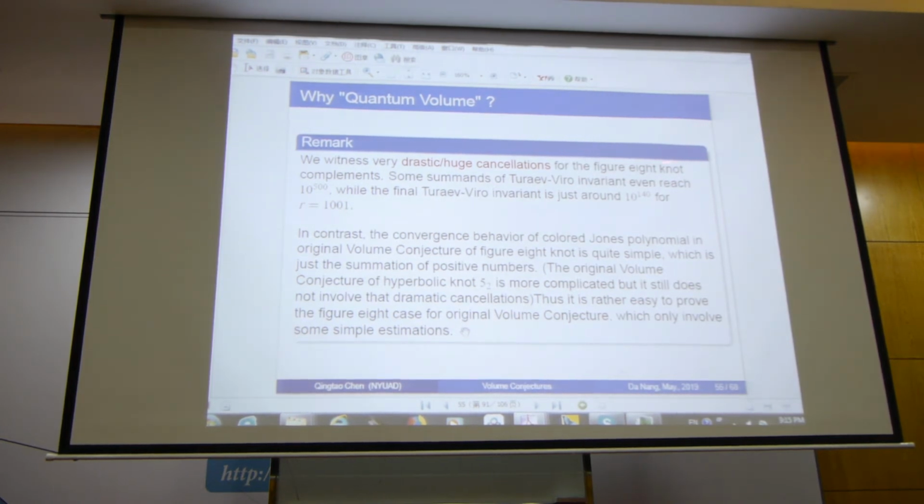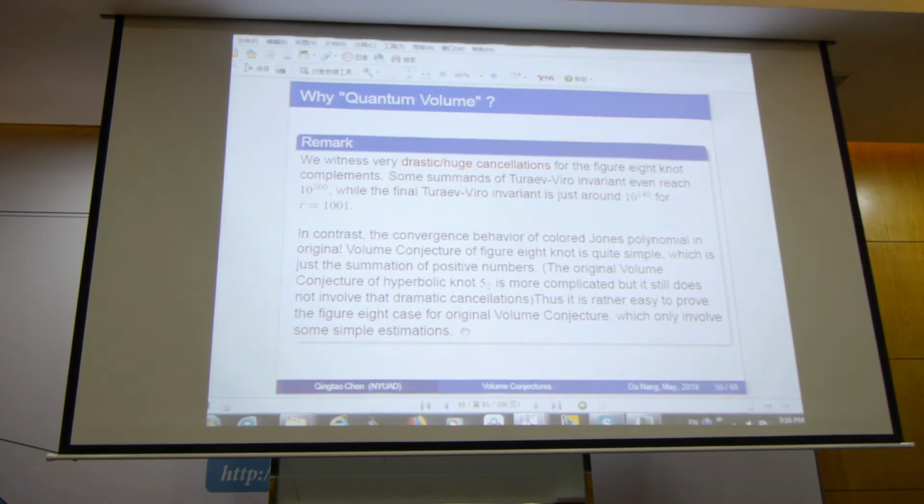And the figure 8 knot is finally proved by Dedetrier, Kafjani, and Yang. But if you want to search for a direct proof without establishing the formula with Kasparov-Jones, it is still open. If you want to give a direct proof, because it's a huge cancellation, we cannot control the huge cancellation.